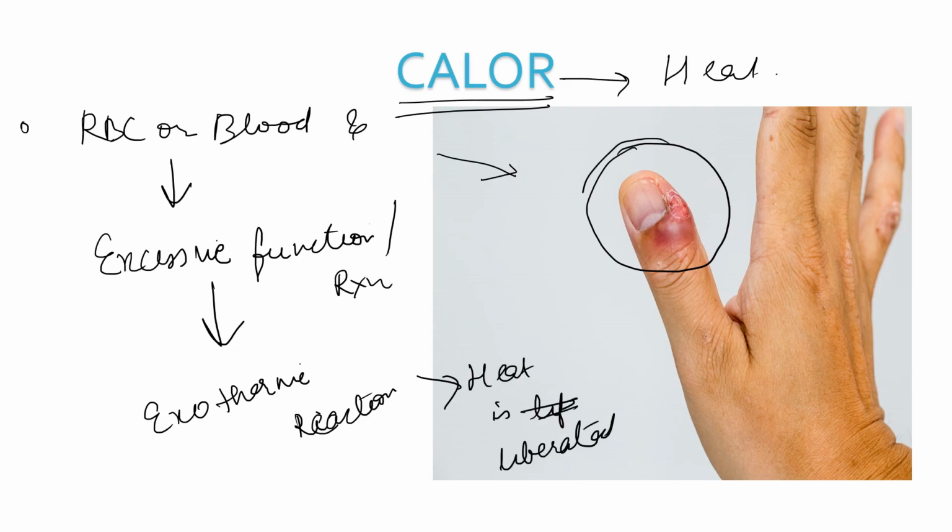So at the place of inflammation, due to the redness occurring due to RBC present, RBC accumulate at a place which causes excessive function and releases an exothermic reaction, which in turn releases heat to that part of the body.